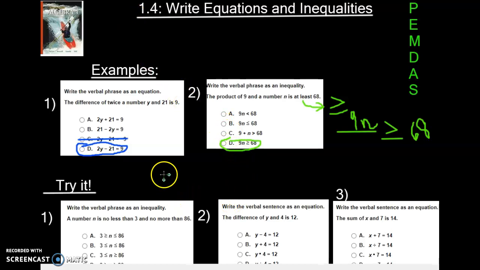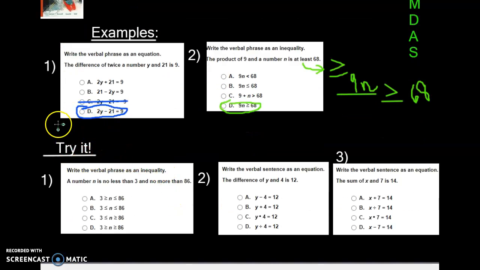Go ahead and try the try-it problems. Numbers 2 and 3 are very easy. You just have to watch out for number 1 because it has two inequalities. I'm going to go ahead and give you a hint here.